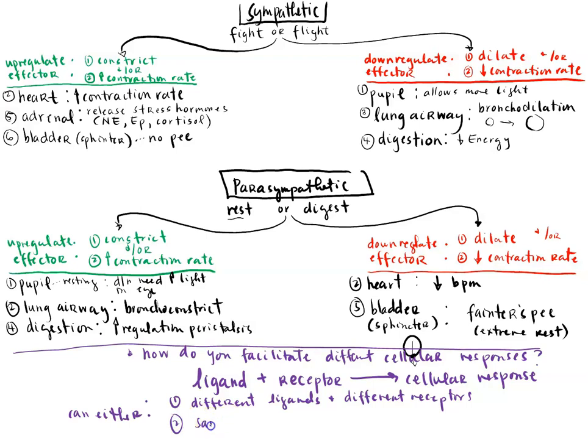Or I can have the same ligand doing what? Binding different receptor subtypes, which is different, okay? Different receptor subtypes. And this is where we're going next in lecturette 4. All right, meet back for lecturette 4. Very important lecturette.